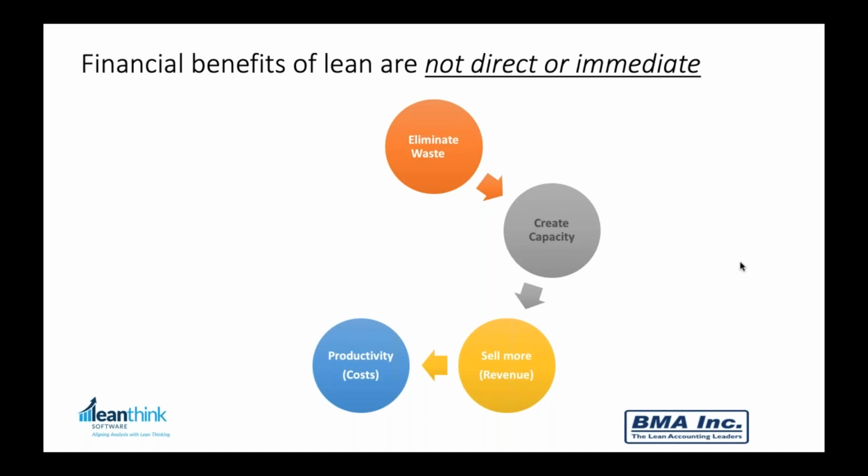You might also get some immediate cost savings. In the long run, financial success is dependent on understanding this. Lean is not a short-term financial exercise. Lean is a long-term business strategy which will yield financial success if you deploy lean properly and also use the proper measurements to understand what's happening.